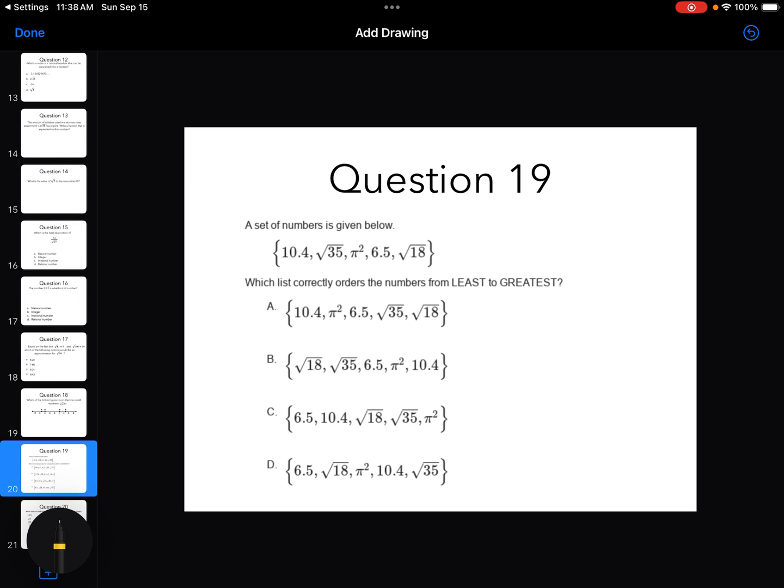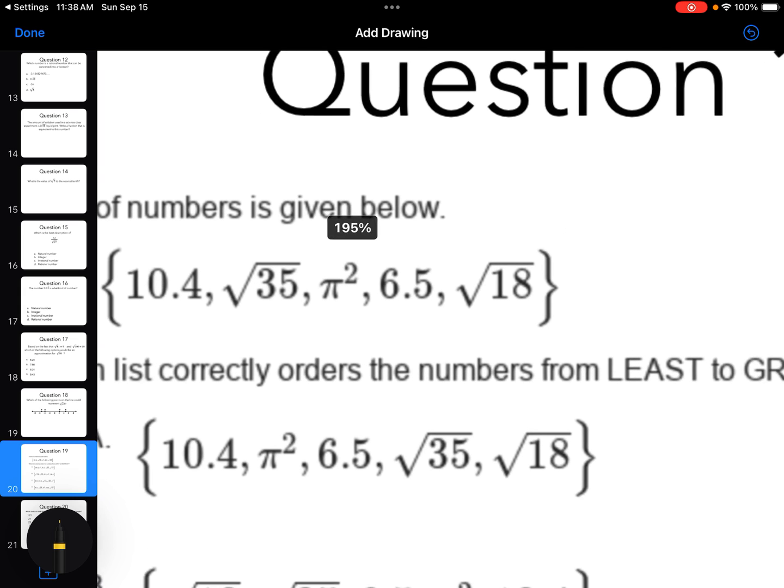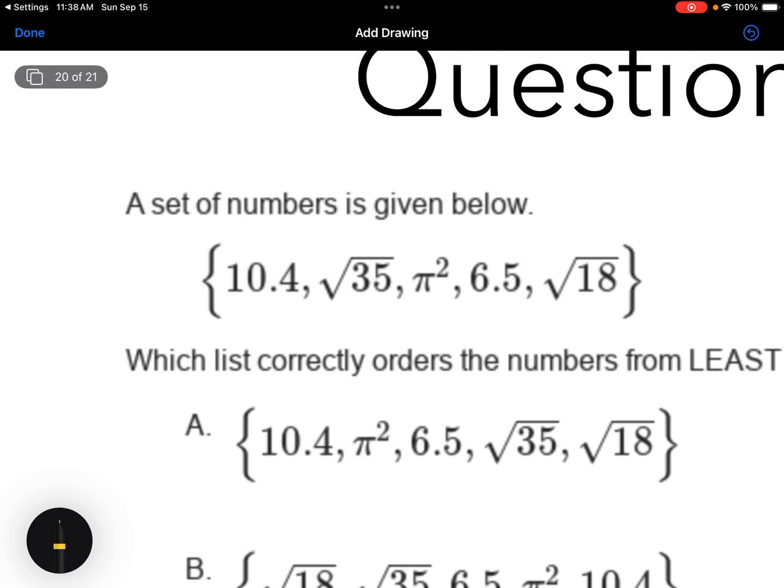All right, a set of numbers is given and they want it listed from least to greatest. So we have to put these numbers in order from least to greatest. So we know that pi squared is going to be about 3.14 squared. So that's somewhere around 9. We know this one's 6.5.